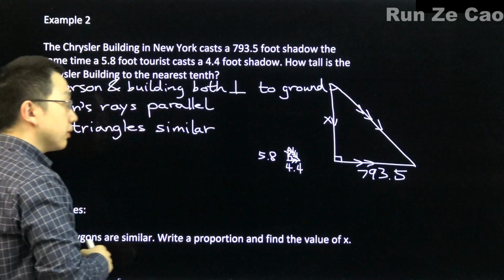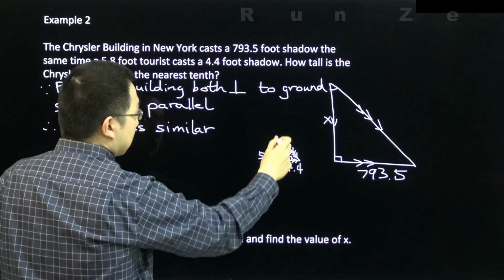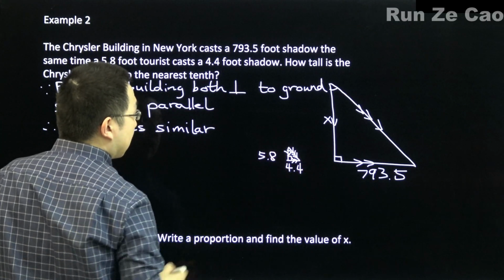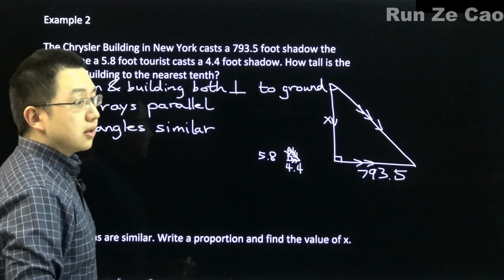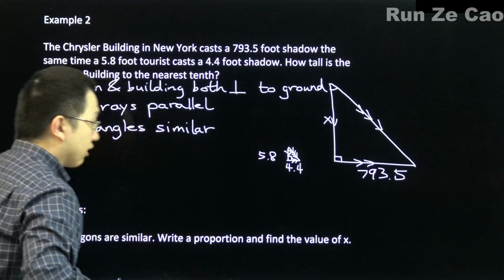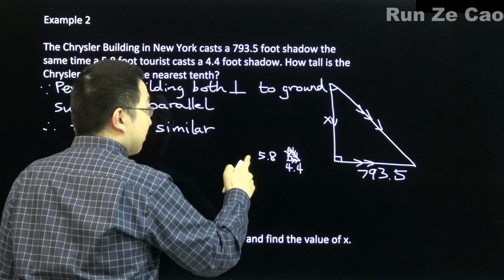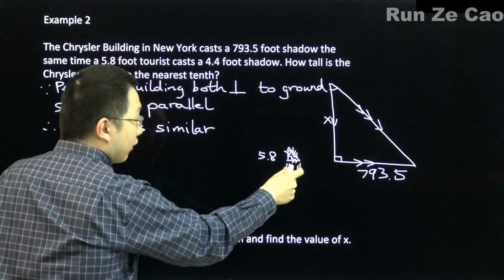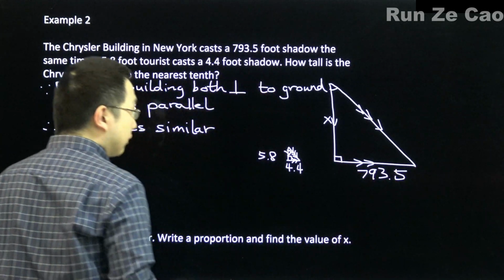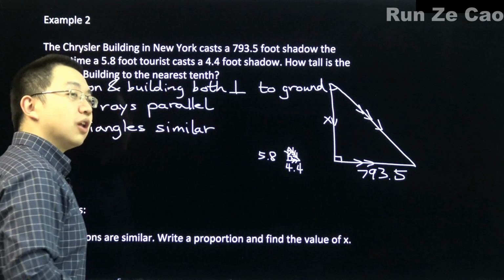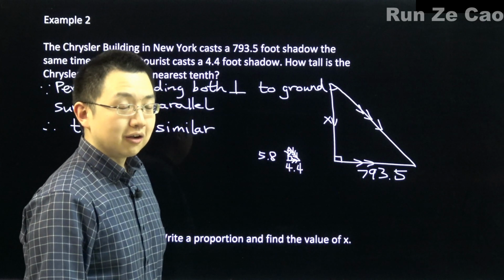That's the notation you're supposed to use, but I really don't think it's a good idea to write A, B, C around this triangle here. By the way, this is why you don't draw your diagrams anywhere close to scale. Like this, where 4.4 is like a fifth as long as almost 800, it's already too close to scale for all the other markings to fit. Okay?